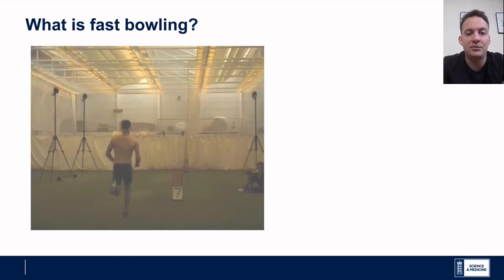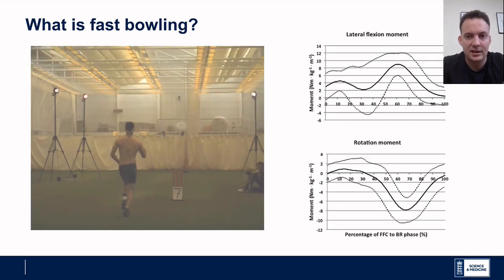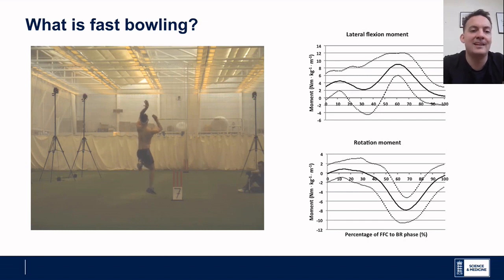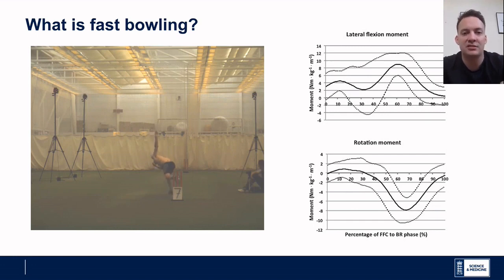This is coupled with opposing side flexion and rotation moments following front foot contact in the trunk itself. As we see here, we see the side flexion moving away from the bowling arm while the rotation moves towards the bowling arm in the trunk.